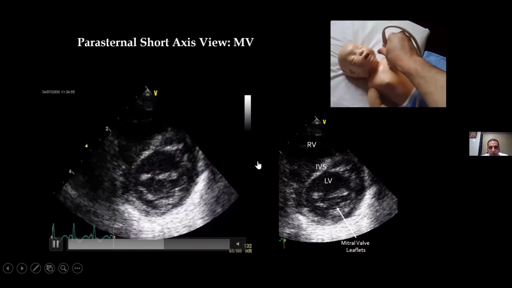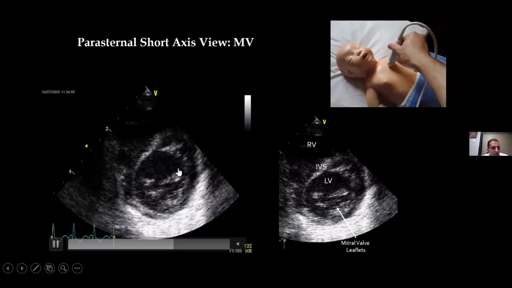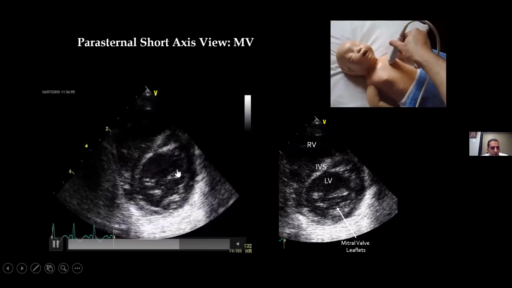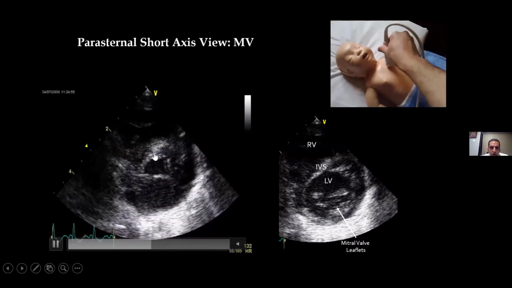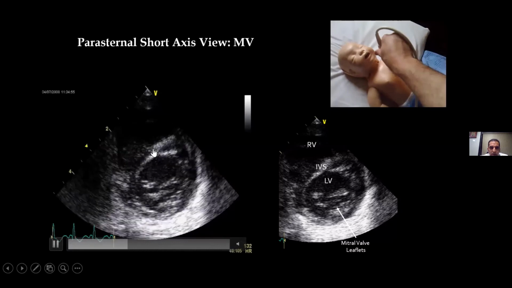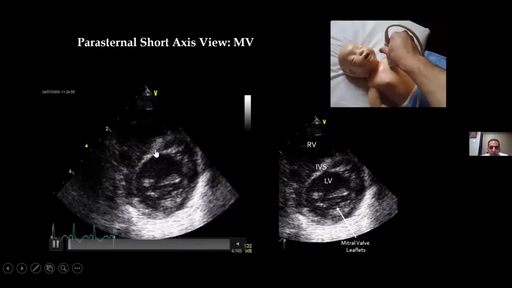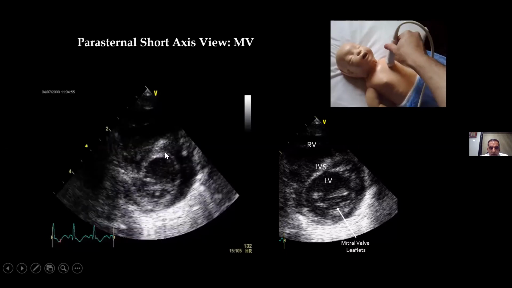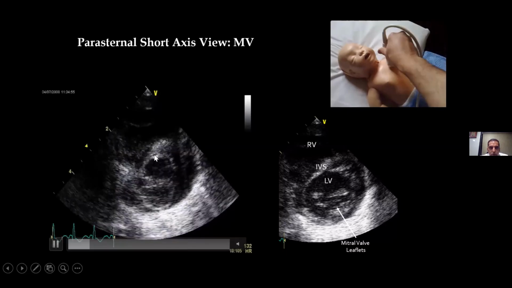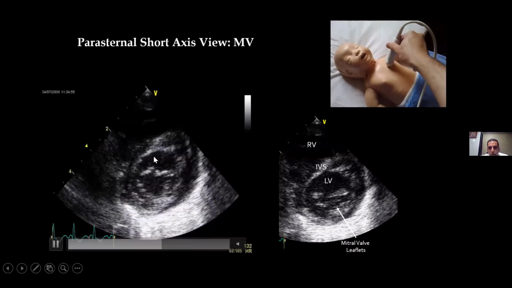This again is a good view to see the VSDs. The flow across the ventricular septum will be in line with the direction of the ultrasound beam and perpendicular, so you can calculate the defect size also.